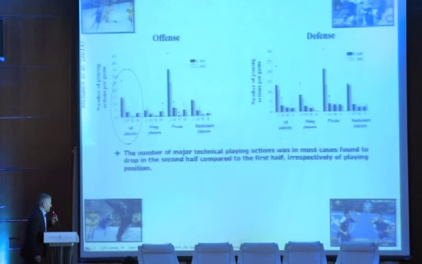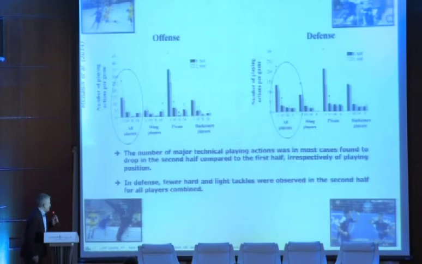The main result of this study shows that the number of major technical playing actions, that is to say light tackles and hard tackles, was in most cases found to drop in the second half compared to the first half, irrespective of playing position, as you can see on the figure. And also that in defense, fewer hard and light tackles were observed in the second half for all players combined.